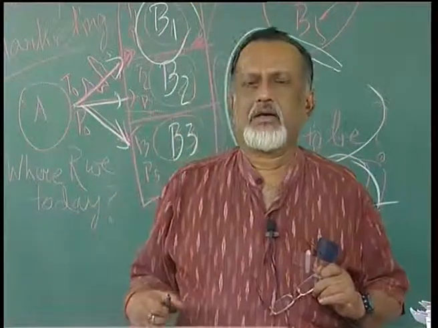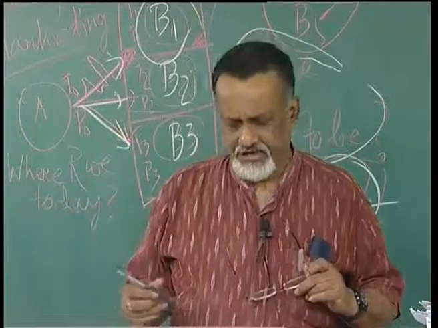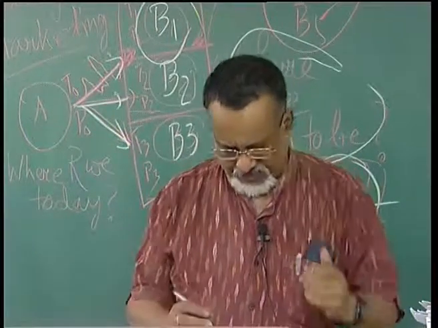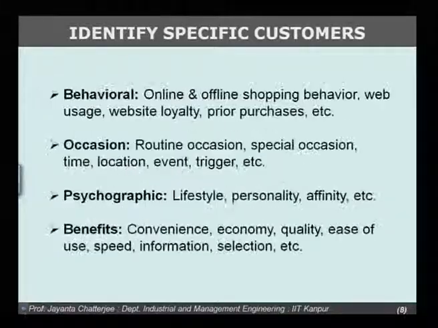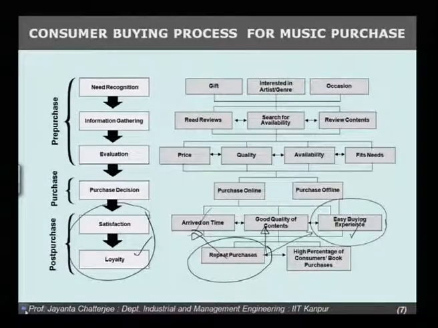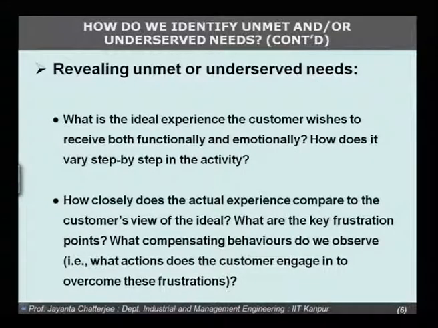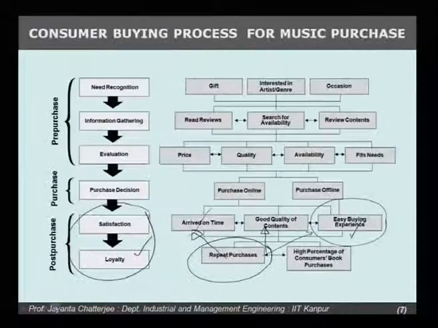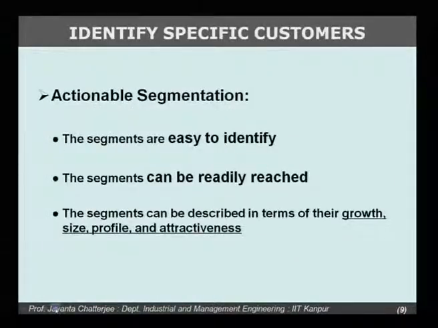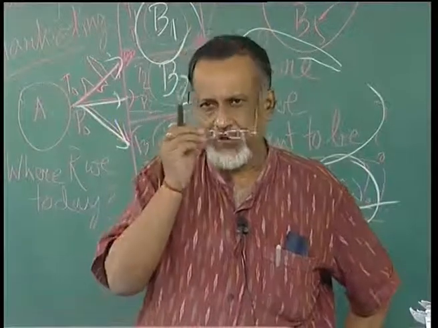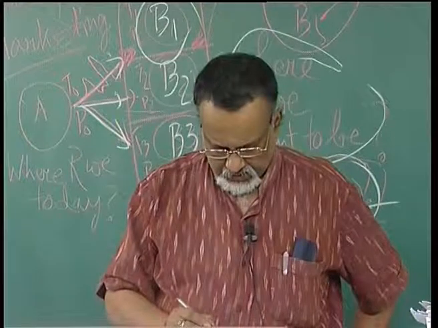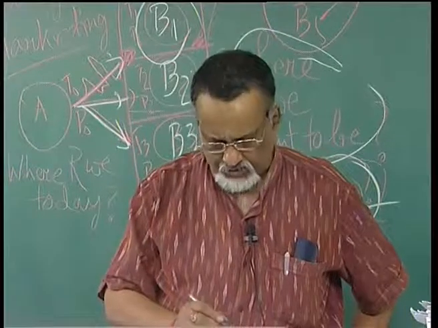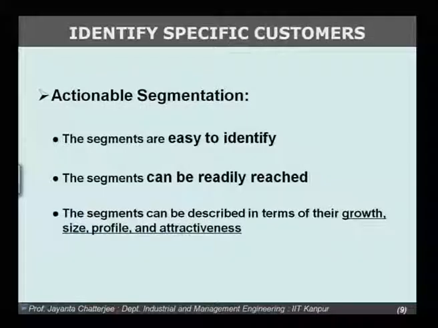So, when we look at these segments, each segment will also have to be evaluated with respect to this direct and indirect competition, besides looking at the opportunities that you have identified, the questions that you have answered to create the compelling value, the chain ratio method that we discussed in the previous session to estimate the market, and deciding on what actions you will take to reach this segment.